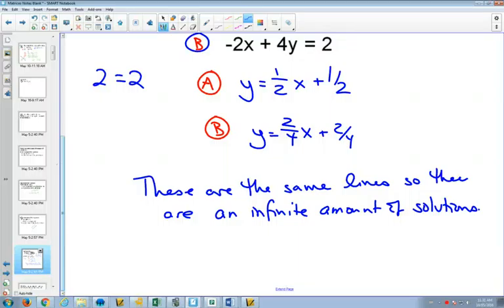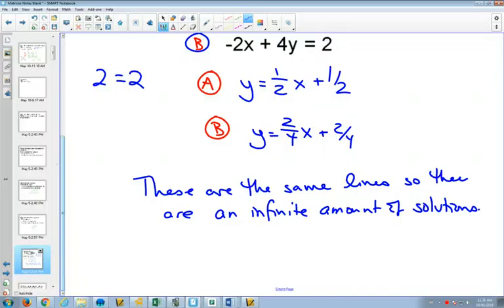So the weird things that are going to happen are when there are an infinite amount of solutions and when there are no solutions. When you have an infinite amount of solutions, whether you use substitution or elimination, you'll get what we got here, something that's always true. 0 is equal to 0, 2 is equal to 2. Okay?